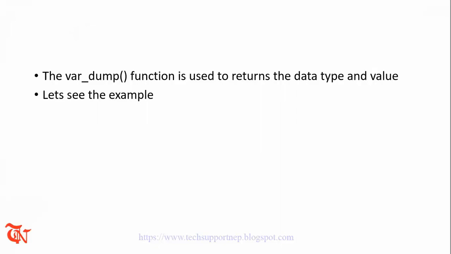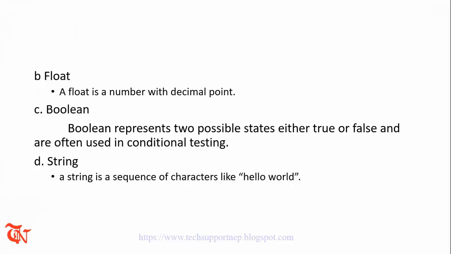The var_dump function is used to return the data type and its value. We'll use this var_dump function later. Now the next scalar data type is float. A float is a number with a decimal point. We'll use the float data type in our example later. Boolean.